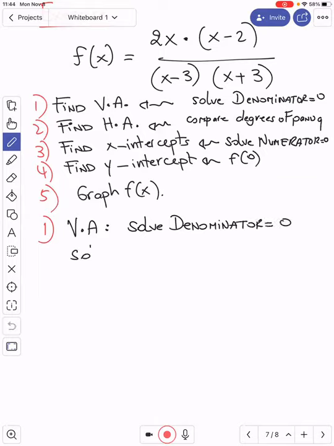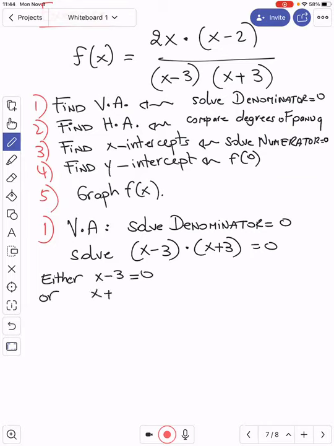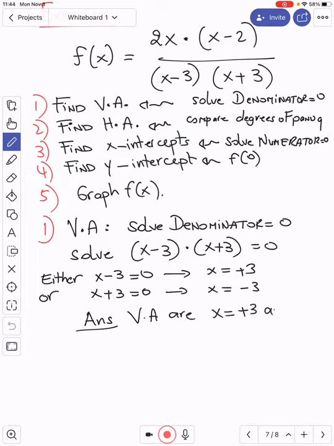So we need to solve x minus c times x plus c equal to 0. Then either x minus c is 0 or x plus c is 0. So x is positive c or x is negative c. We got two vertical asymptotes: x equals c and x equals negative c. All right, so that's for the vertical asymptote.